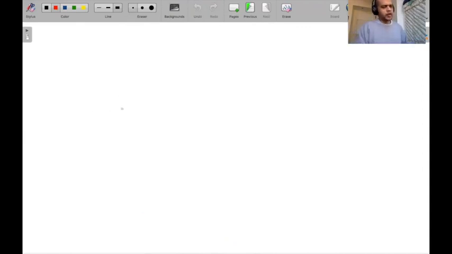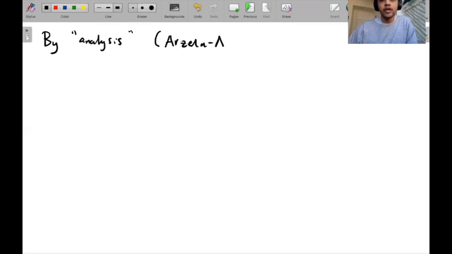And so now I need to say something about convergence. The claim is that these converge to a map, which has the desired properties. So let me just say by analysis. So specifically, there's a theorem called the Arzela-Ascoli theorem.